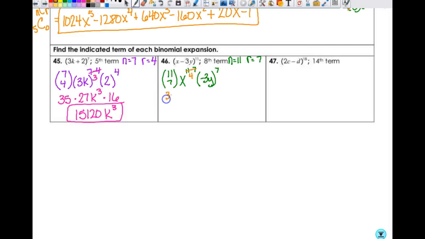That's going to give me 330. And then this is going to be x to the 4th. And then I get negative 3 to the 7th. It's going to be times a negative 2187. When I multiply all that together, I get negative 721,710 x to the 4th, y to the 7th. Oh, I forgot my y to the 7th. And there we go. All right.